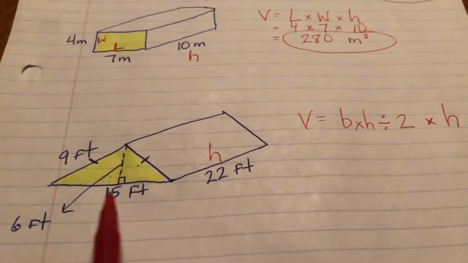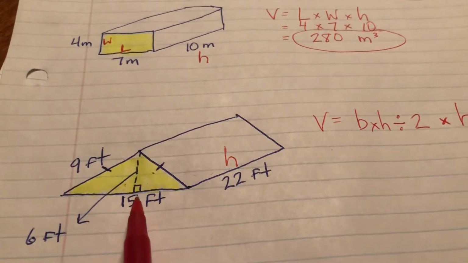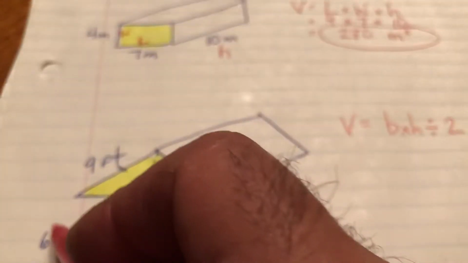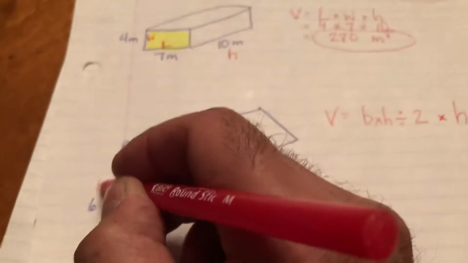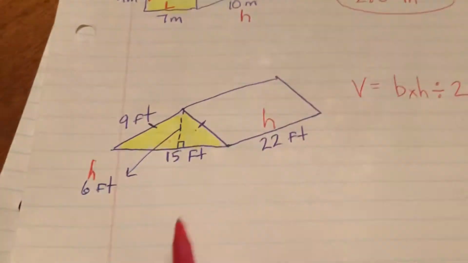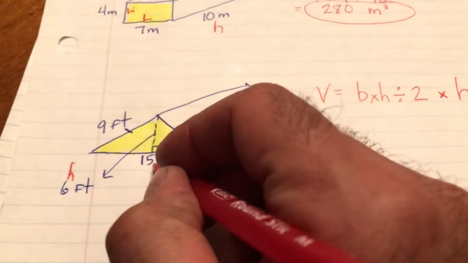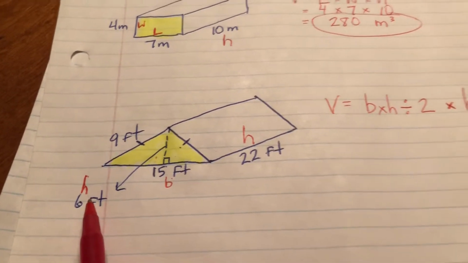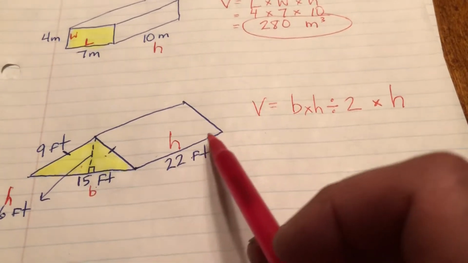So it's this base times this height divided by 2, then times this height.